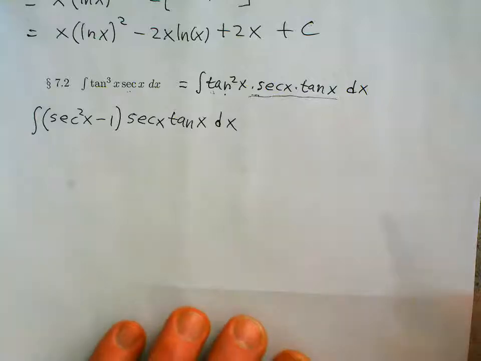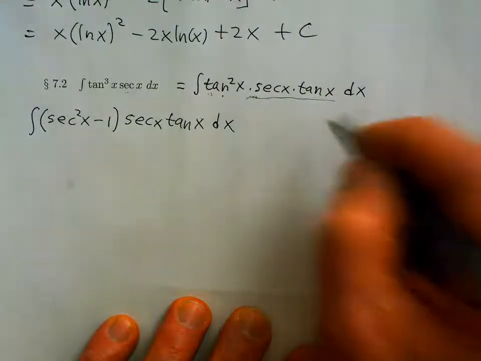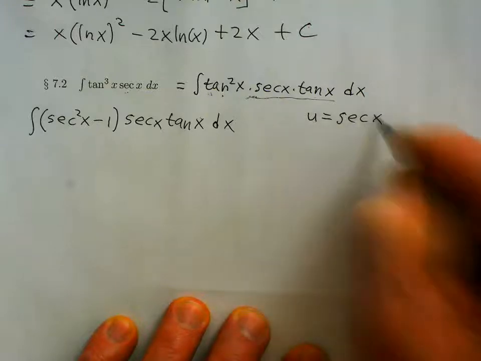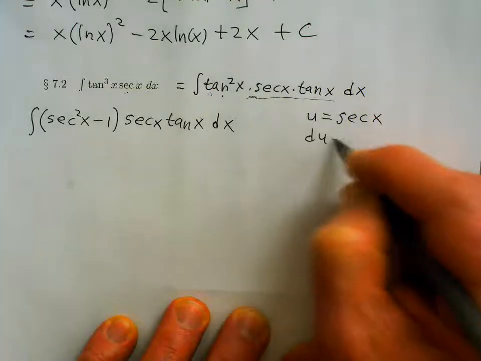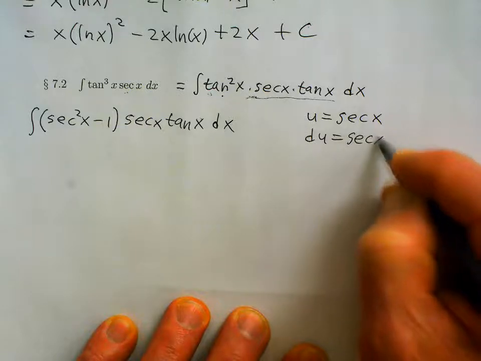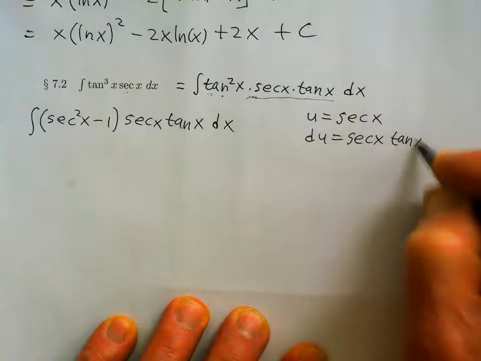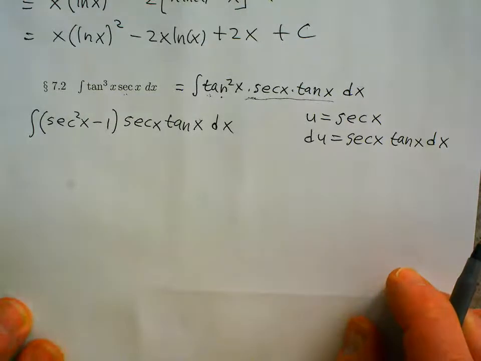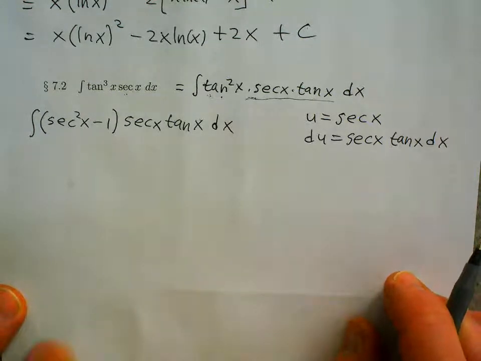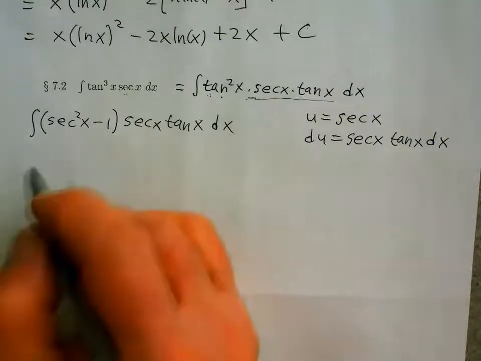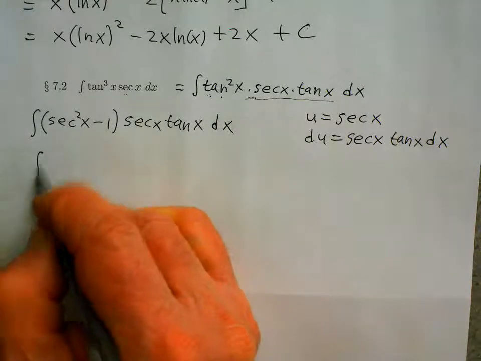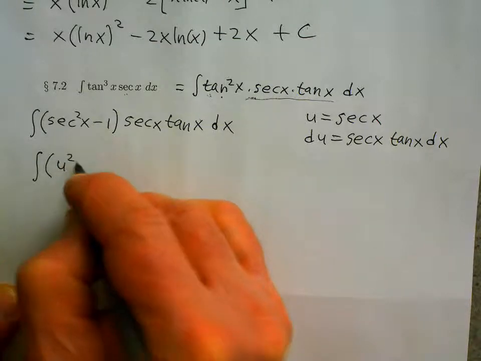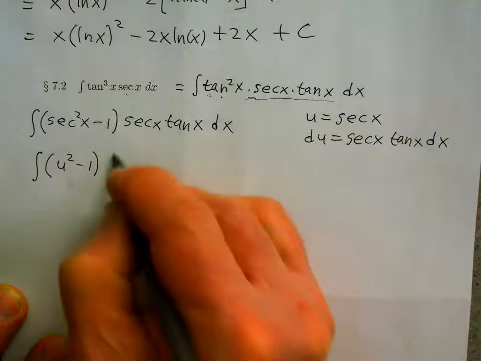So if we apply the substitution rule and pick u to be secant of x, then du is secant of x times tangent of x dx. Okay, so when we make substitutions, we'll get the quantity u squared minus 1 times du.